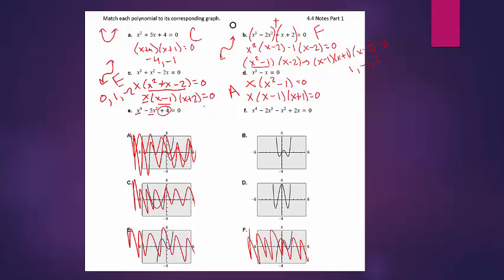So I know that E and F are both going to be basically smiley faces, but I know the y-intercept for E has to be 4. So between graph B and D, this one has to go with D, because D has a y-intercept at 4, and B doesn't. So I know E goes with D, so consequently, little f would have to go with graph B.